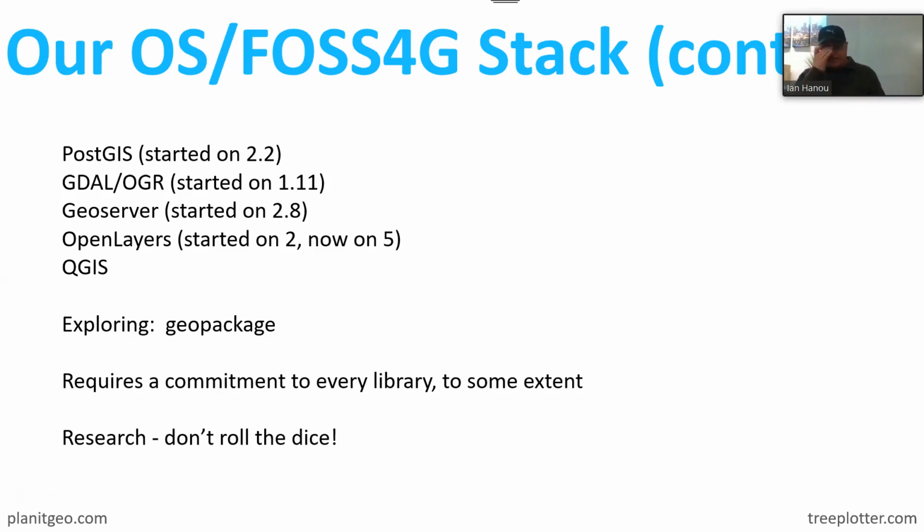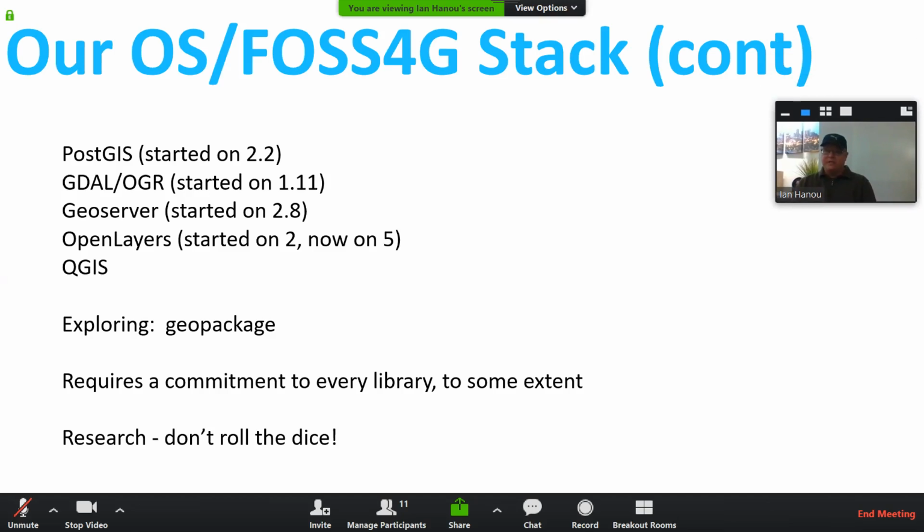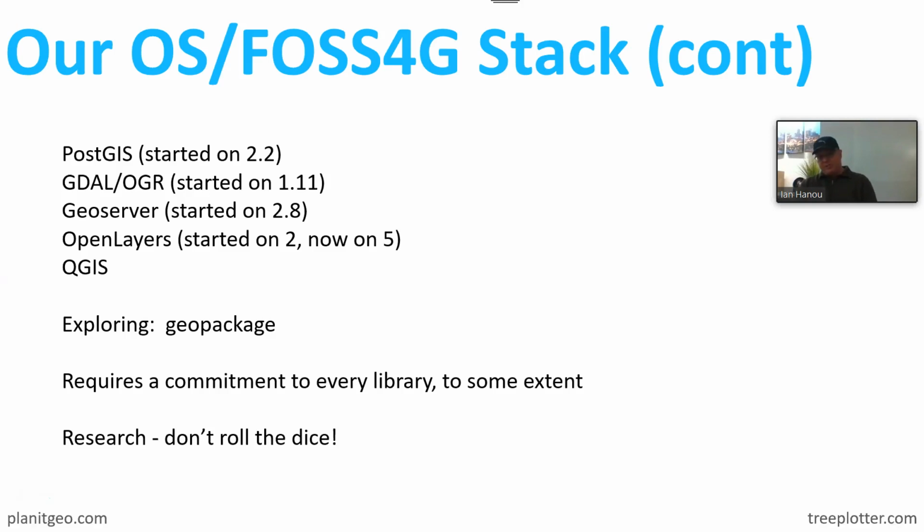Occasionally, you'll find open source projects that start up and go away. I haven't specifically looked into FOSS4G projects that might have died out, but there are definitely choices to be made. If you're a company and you're going to rely on something for a while and you don't want to have to switch, that's something you want to look at. You also want to research these things and know exactly what they're capable of and what your limitations are.